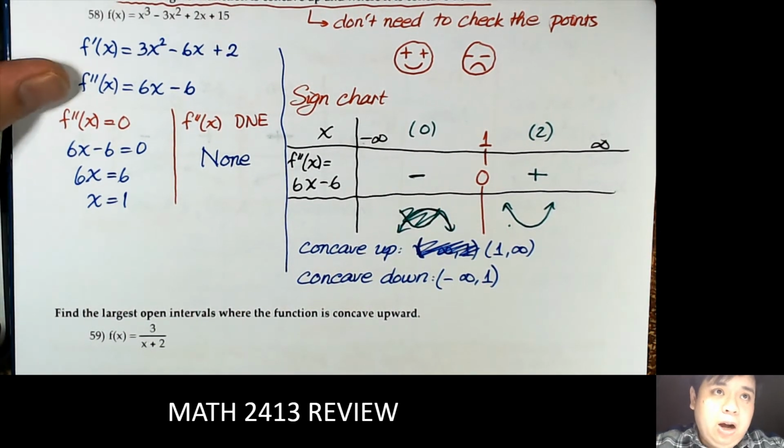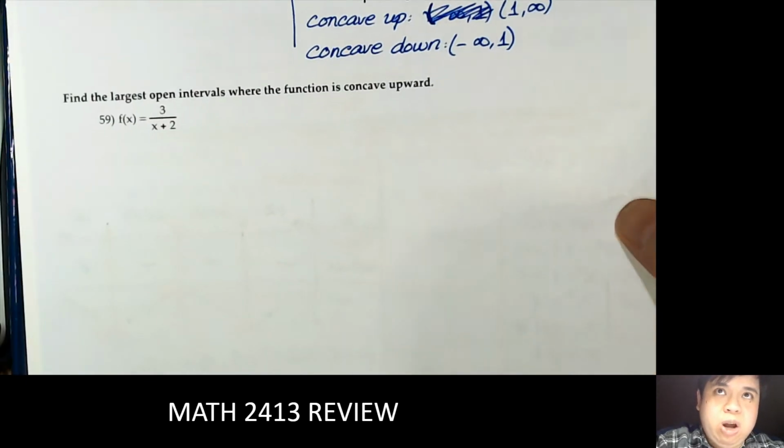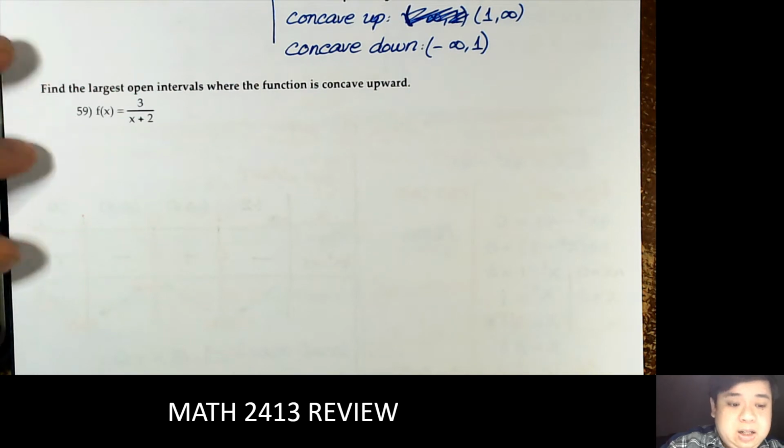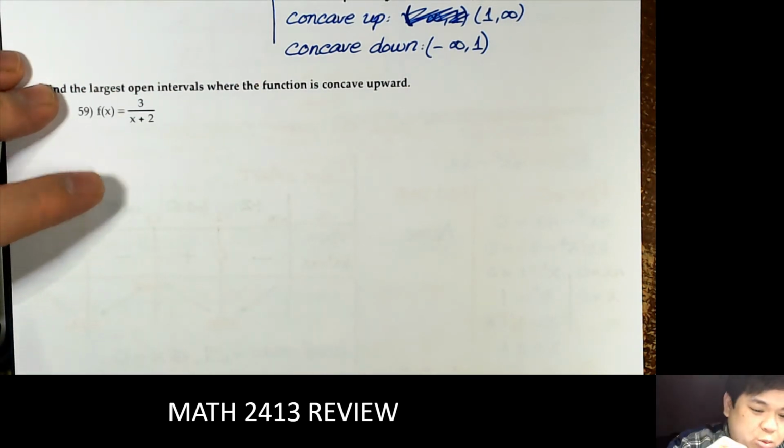Right, next, the largest interval where the function is concave up. So pretty much the same thing. I will take the derivative and take the derivative again. Usually I will use the quotient rule here, but in this case I will do it a little bit differently.